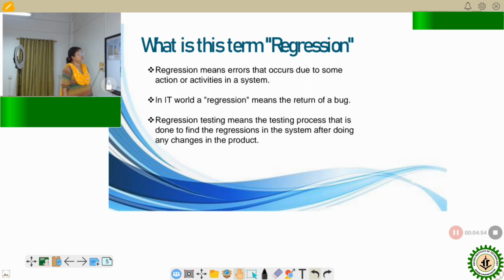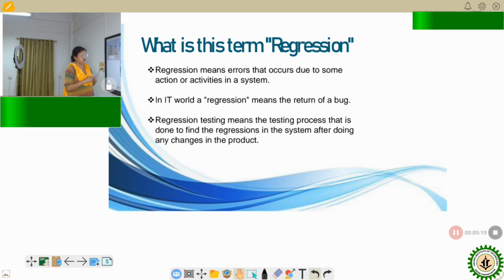In case of regression, it means errors that occur due to some action or activities in a system. When you run a system, you can see that the experimental result and your historical result are not the same values.